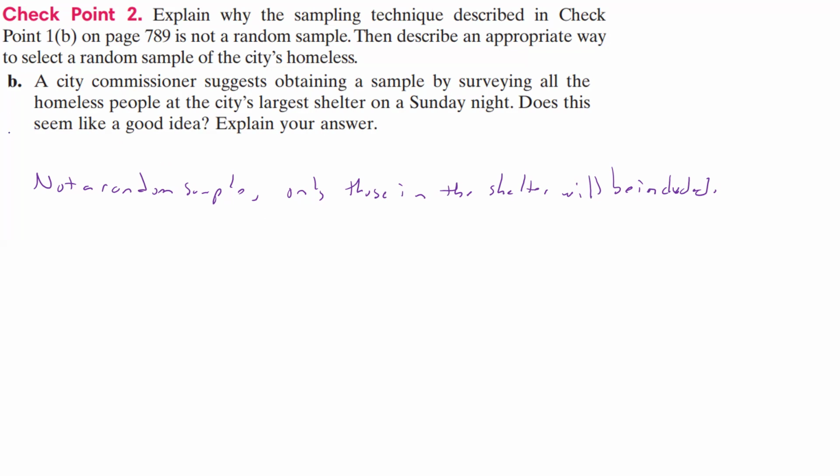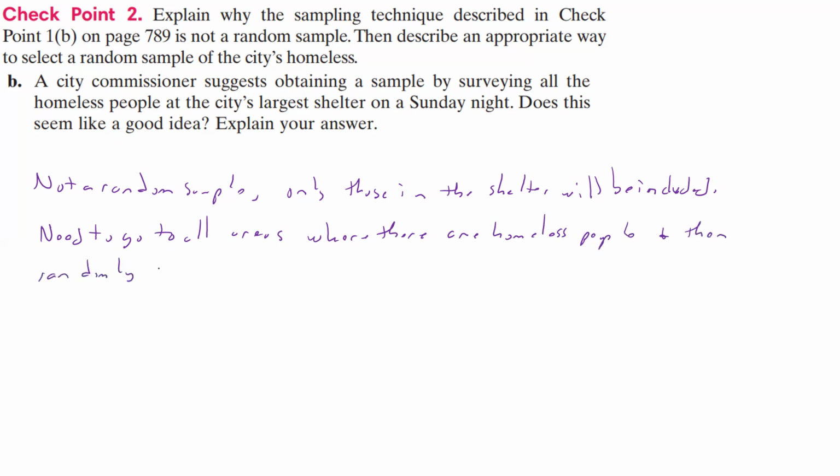So maybe we need to write that as: need to go to all areas where there are homeless people, and then randomly select people from each area.